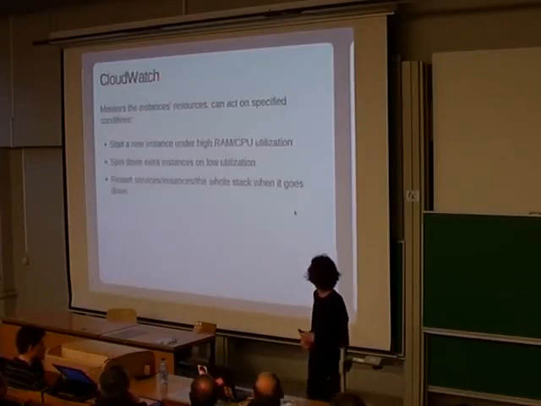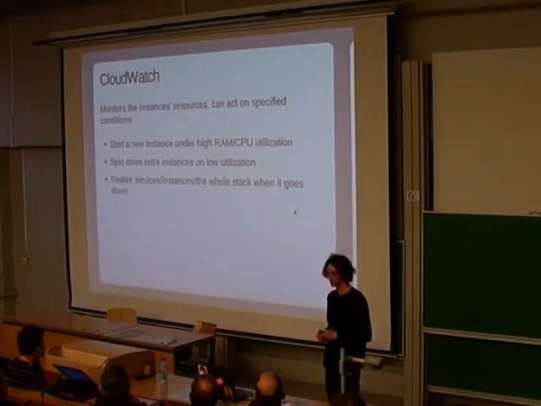And the last thing before the demo, I'm going to talk a bit about CloudWatch, which, again, is originally an Amazon service. We ported that for Heat, and that's a service that monitors the resources.